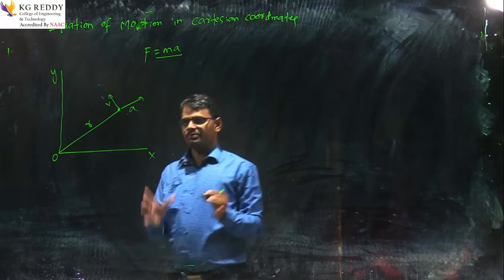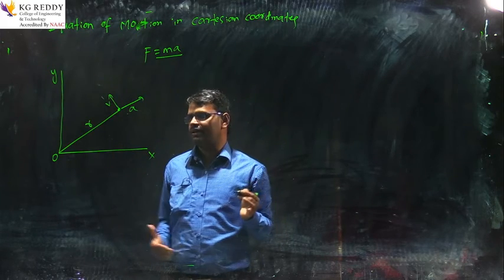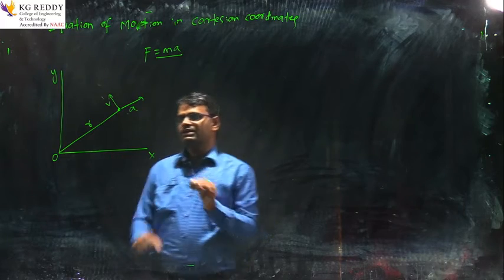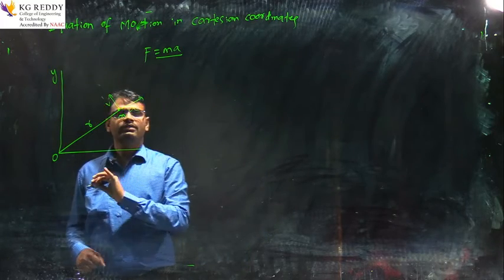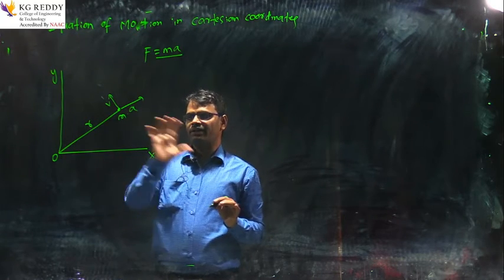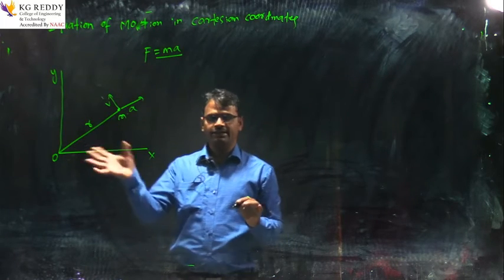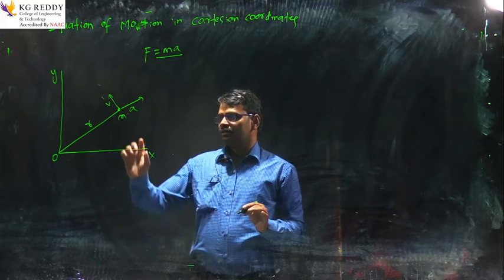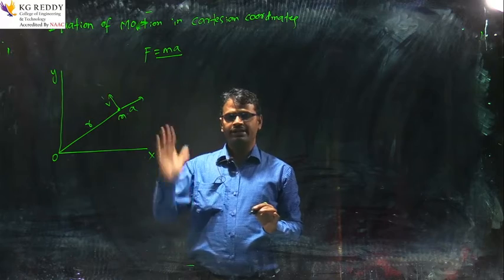If you observe this figure carefully, this is a particle having mass m, moving in a particular direction, let us say x direction. So this is velocity, this is acceleration.